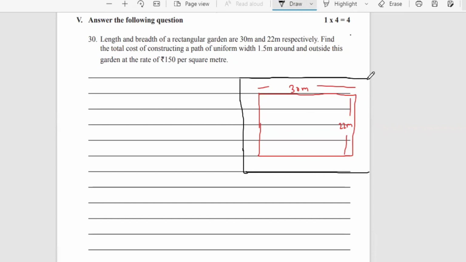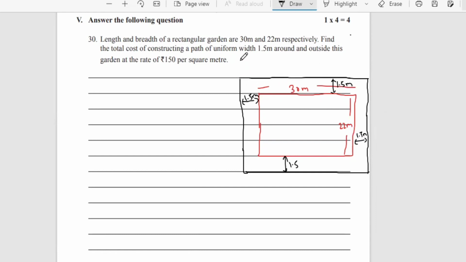I hope you're understanding the figure. From all the four sides, the width of the path is 1.5 meter. Here as well, 1.5 meter. Here as well, 1.5 meter.